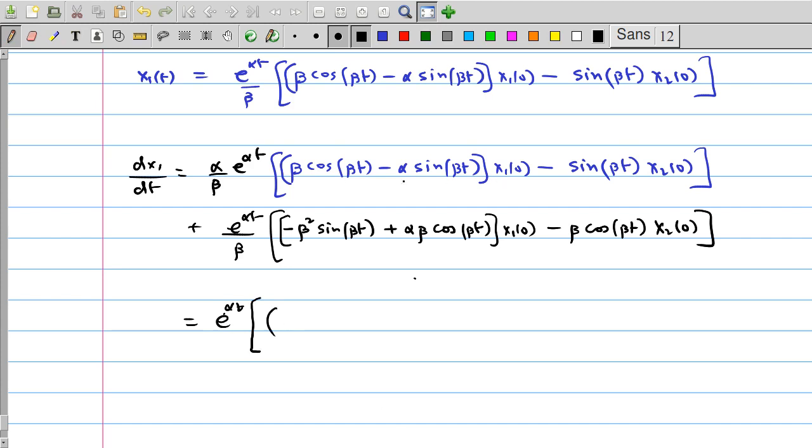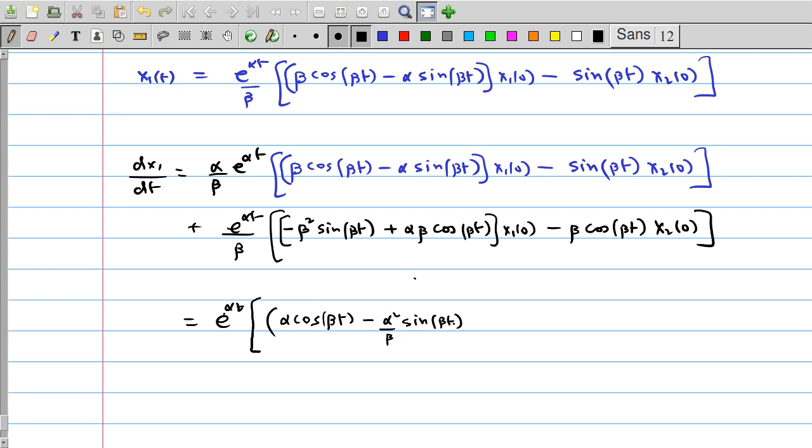So this one over here, this is the x1 term, right? So this becomes alpha cos beta t, because the beta and beta cancel out. And then this becomes minus alpha squared over beta sine beta t.